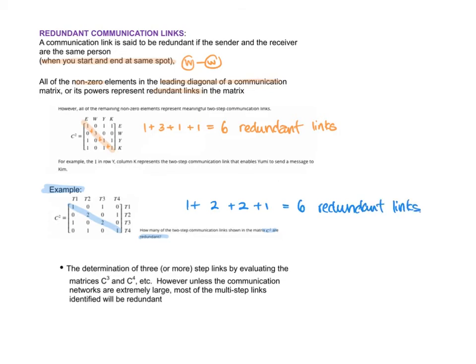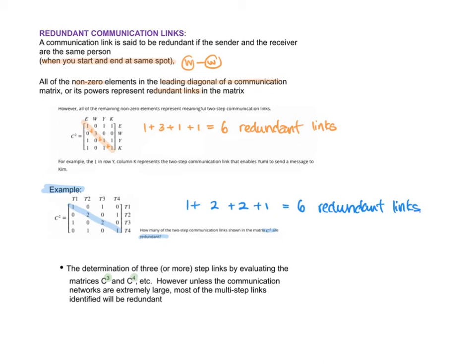If you want to find 3-step communication or 4-step, you simply just use the power. So this power of 3 would be 3-step communication links, and power of 4 would be 4. However, unless the communication networks are extremely large, most of these multi-step links identified will be redundant. So you saw it before when we did the C-squared with the Eva, Wong, Yummy and Kim.